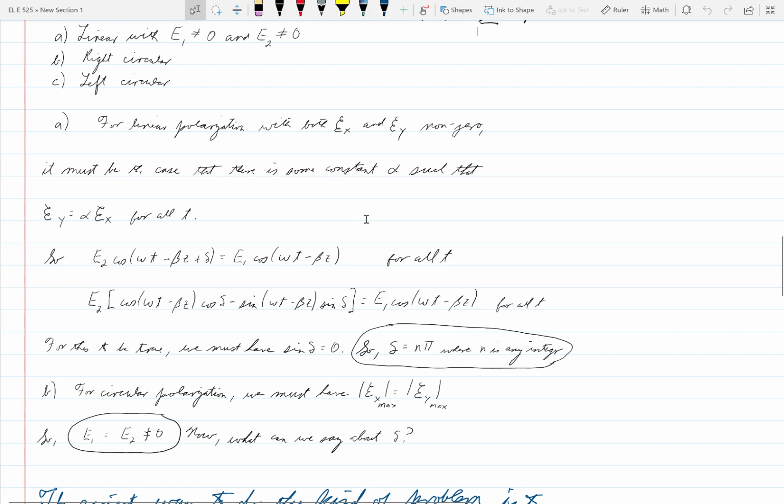Somehow the alpha got left out, so I'll put the alpha in here. Remember that alpha is a real constant.